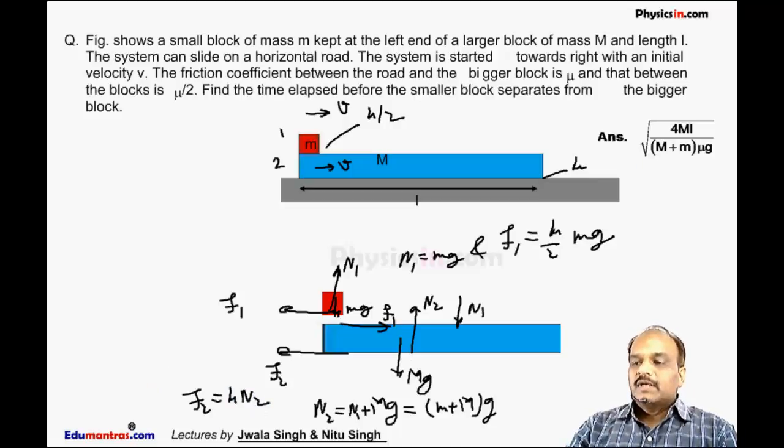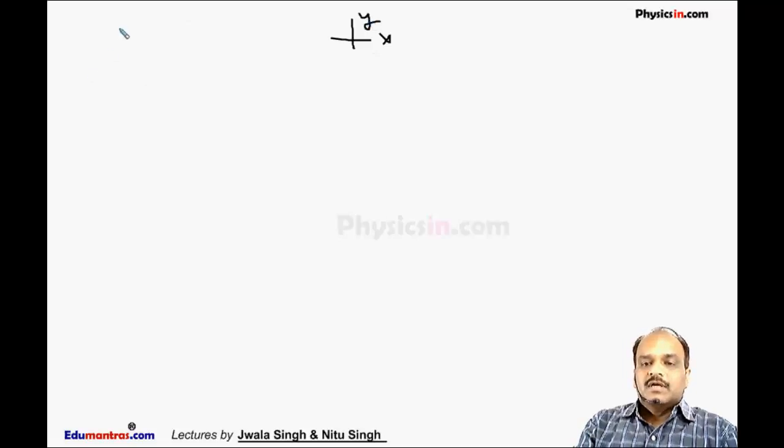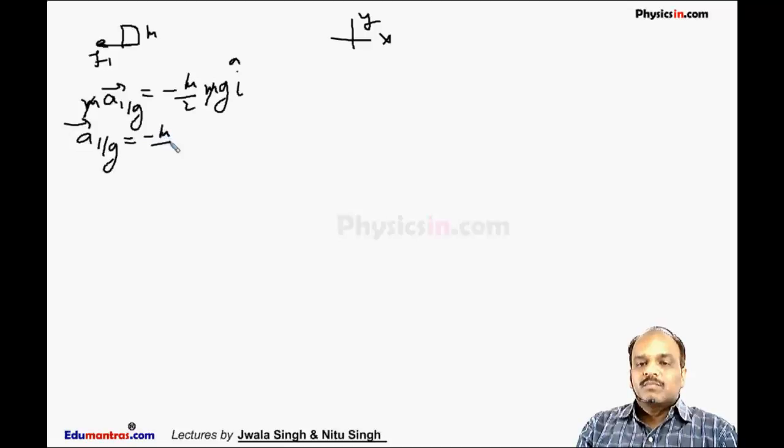As we have drawn the free body diagram, now let this be our x axis and this be our y axis. Now for small block m, we can say the friction is acting backward. So we can say mass into acceleration of block 1 with respect to ground is equal to minus mu by 2 times m into g i cap. So from here the acceleration of block 1 with respect to ground is minus mu by 2 into g i cap.